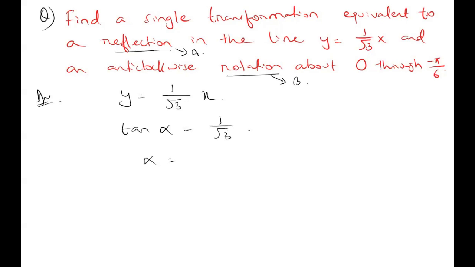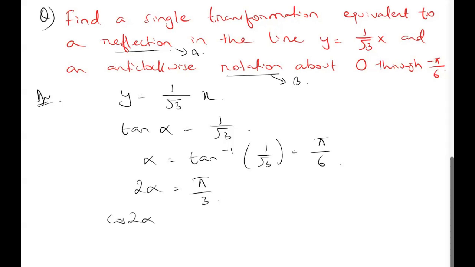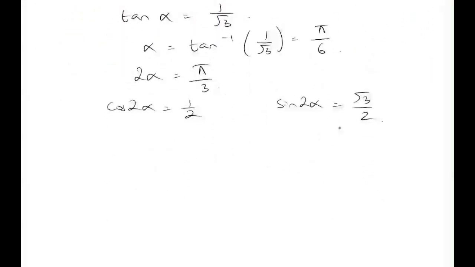Using my calculator, alpha, which is tan inverse of 1 by root 3, becomes pi by 6. Then I need to find 2 times alpha, which gives pi by 3. For the transformation matrix, I need cos 2 alpha and sin 2 alpha. Cos 2 alpha gives 1 by 2 and sin 2 alpha gives root 3 by 2.